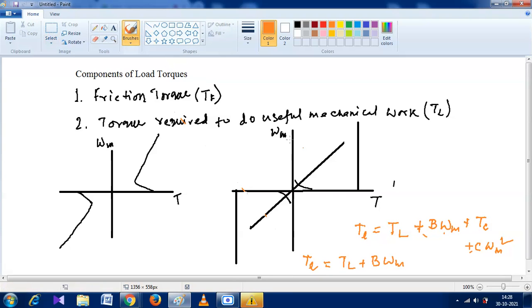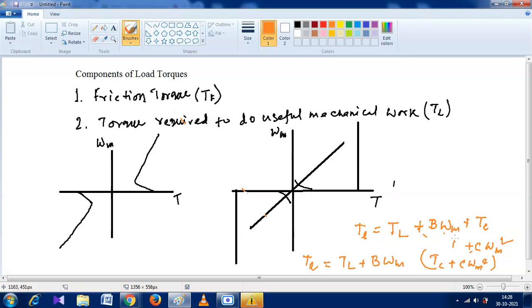We neglect Tc plus C omega m square. Why do we neglect this? Because with respect to TL or B omega, this Tc plus C omega m square part is small in many cases.